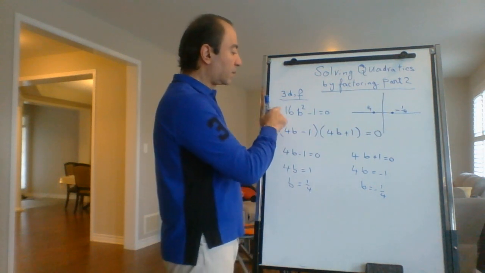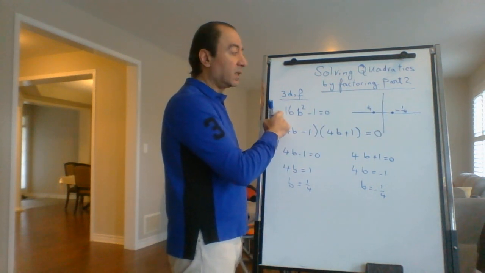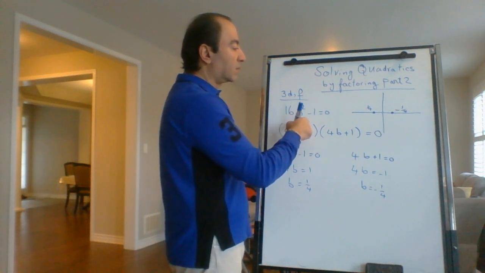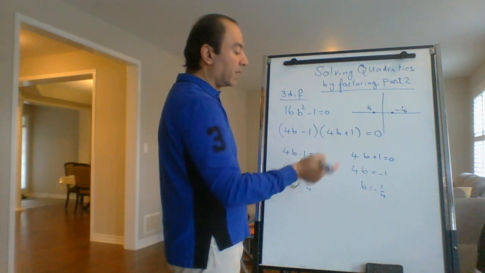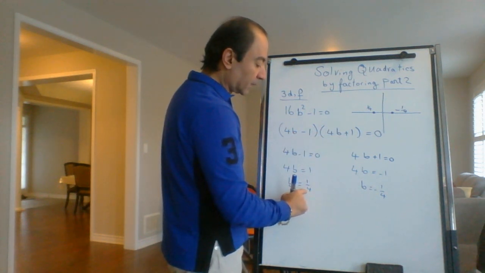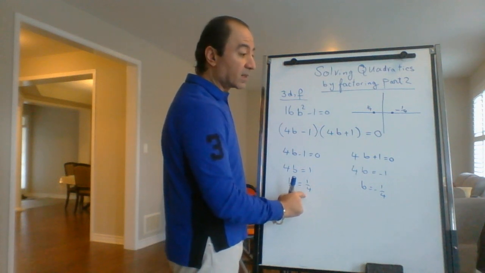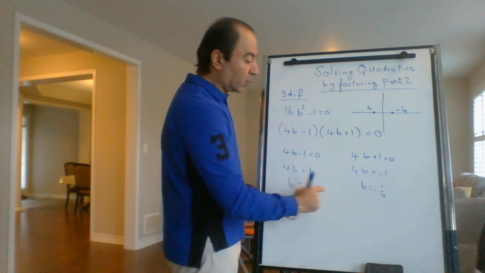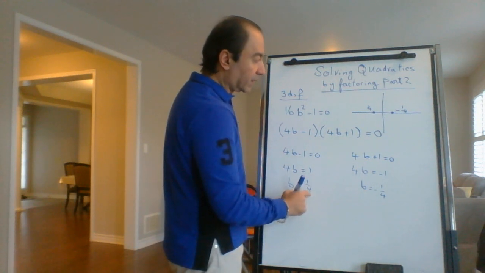We know that this parabola will open up because a is positive. Then we can find the y-intercept or any other point. Anyway, if we have the two zeros, we know that x of the vertex, or the axis of symmetry, will be in the middle. So what is the midpoint between 1 over 4 and negative 1 over 4?